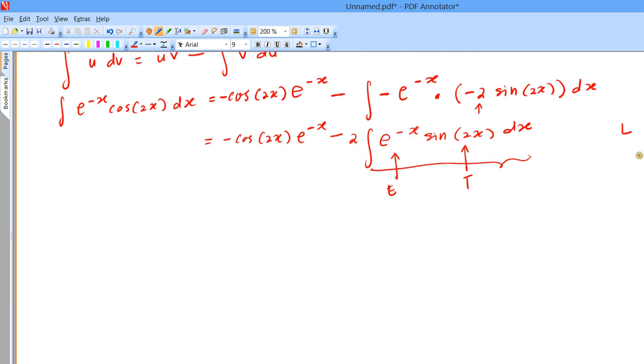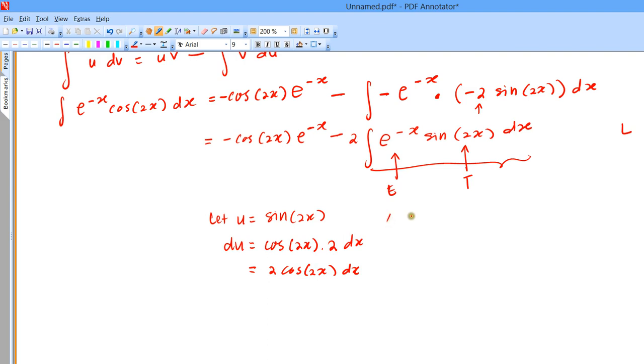So let u equal to sin 2x, then differentiate both sides, du equals the derivative of sine, which is cos 2x times 2 dx, or you can write it as 2 cos 2x dx.